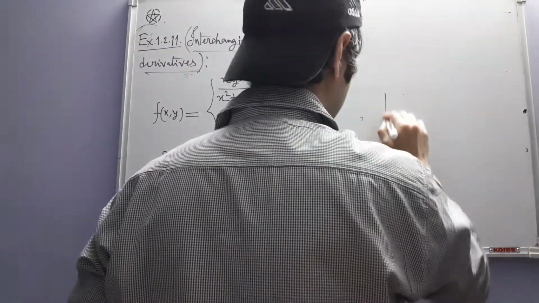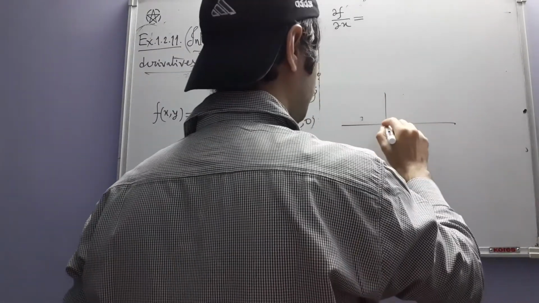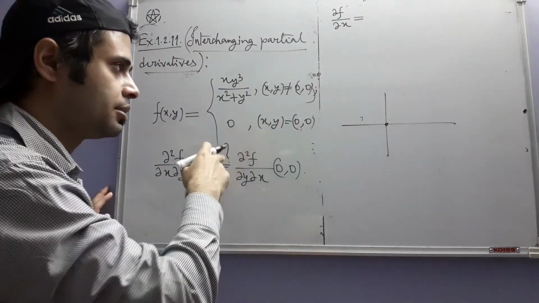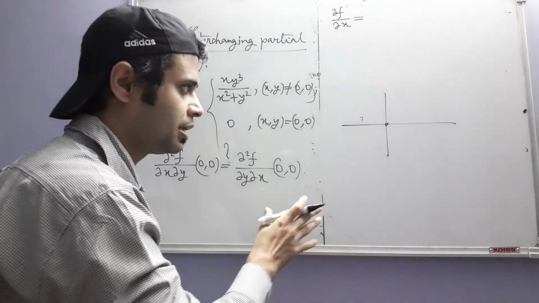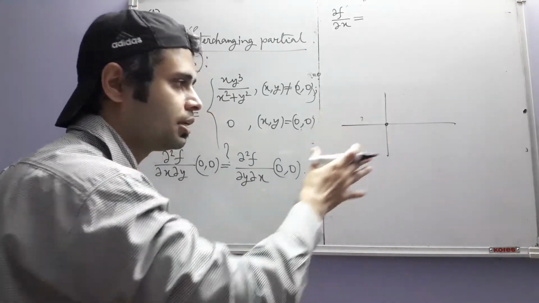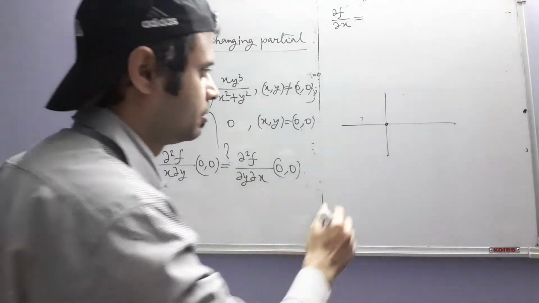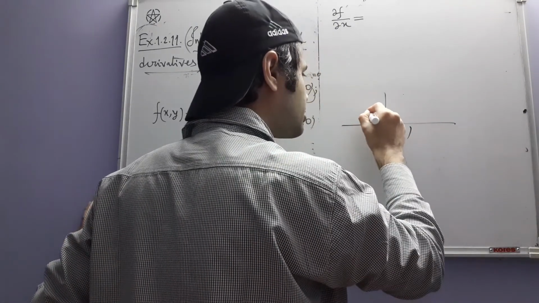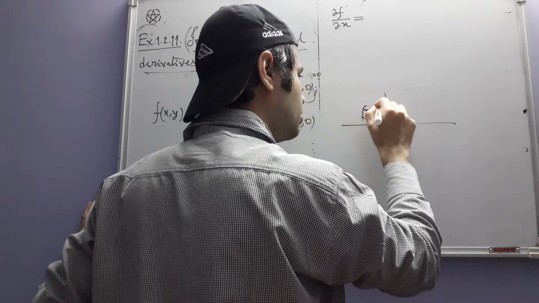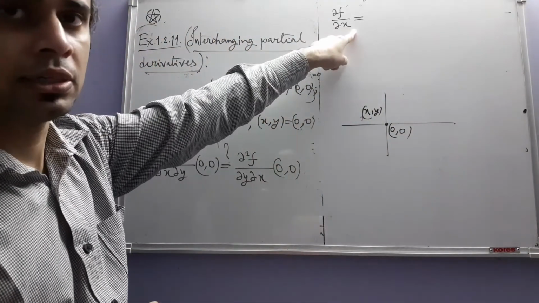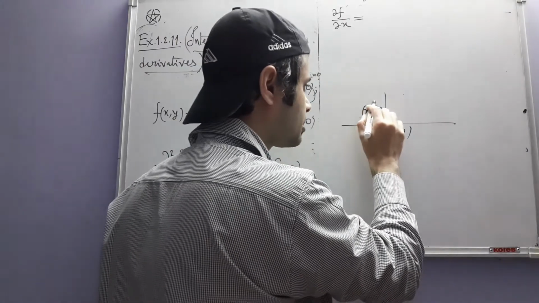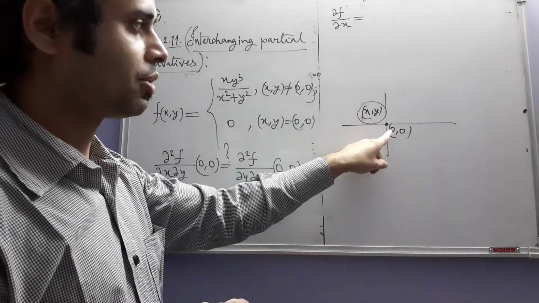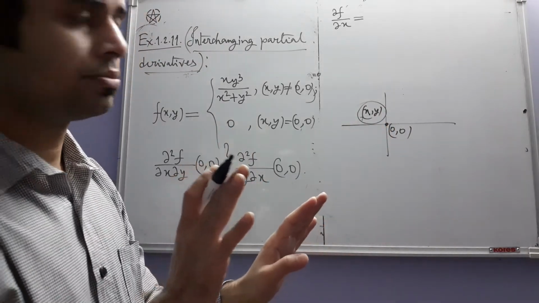It's like this. Unlike a function of a single variable, since this is a function of two variables, the domain will be a part of the two-dimensional plane. Now this is the point 0, 0. If I consider a point x, y, where I am trying to find the partial derivative, then I can concentrate my attention in a neighborhood of that point that does not contain 0, 0.